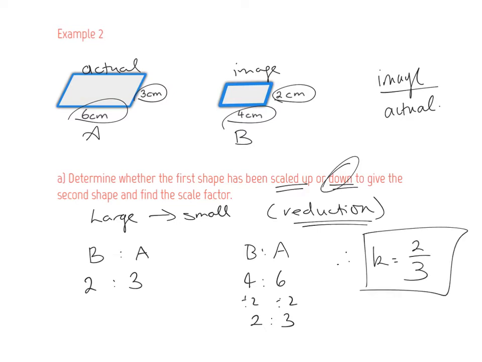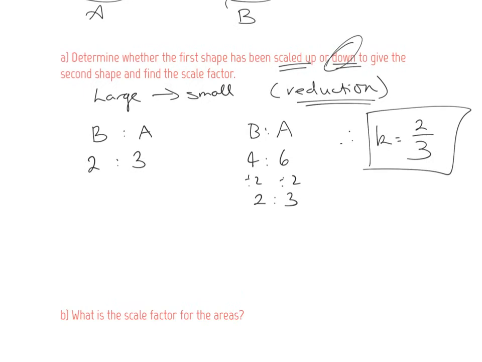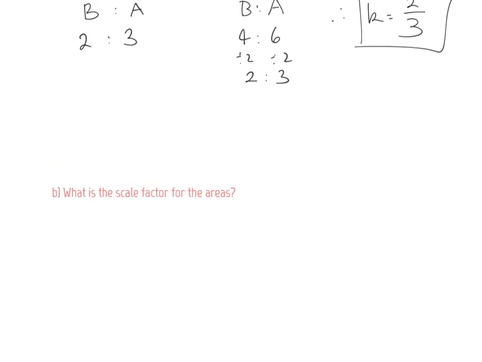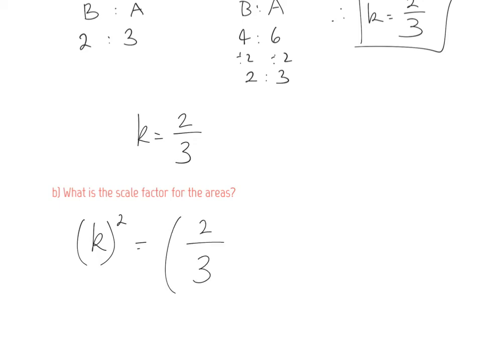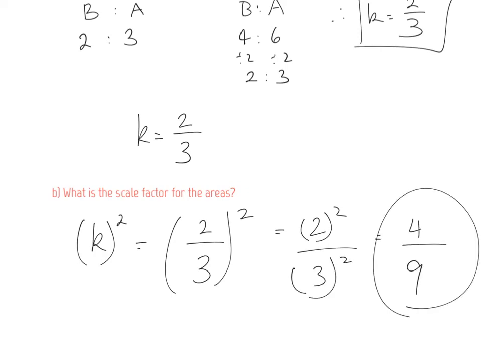That's my scale factor. Now, what is the scale factor of the area? Given the scale factor was 2 to 3, the scale factor of the area is going to be K squared. It's going to be 2 over 3 squared, which is 2 squared over 3 squared, and that gives us 4 over 9. So therefore the scale factor of the area is 4 over 9.